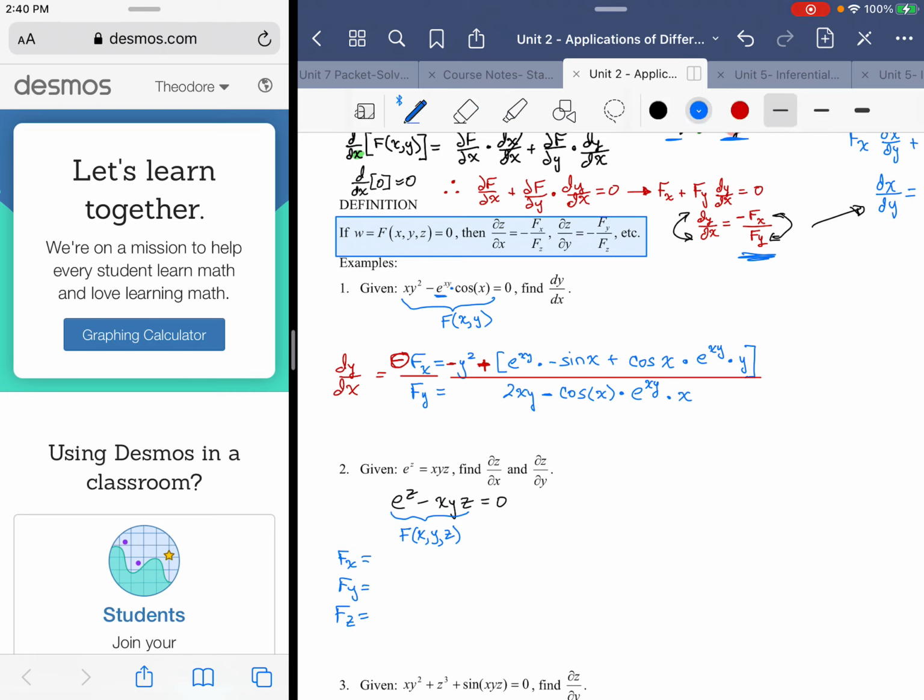It really doesn't matter if you call it lowercase or uppercase. It's just since we're already referring to it as uppercase, we've got to be consistent. All right, so yeah, the e to the z goes to 0. The variable in question is x, which is going to go to 1. So this is just negative yz.